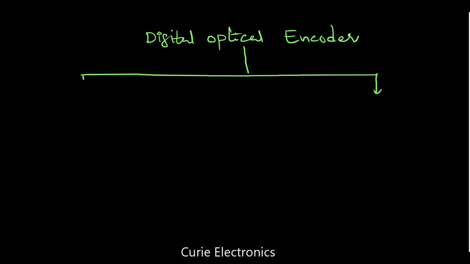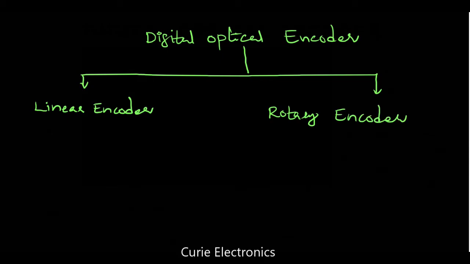So this digital optical encoder can be classified as linear encoder. This is the simplest one. Then we have a rotary encoder. Under rotary encoder, we have two types. Which are the two types? One I already told you, that is the incremental encoder, which will have a reference position.